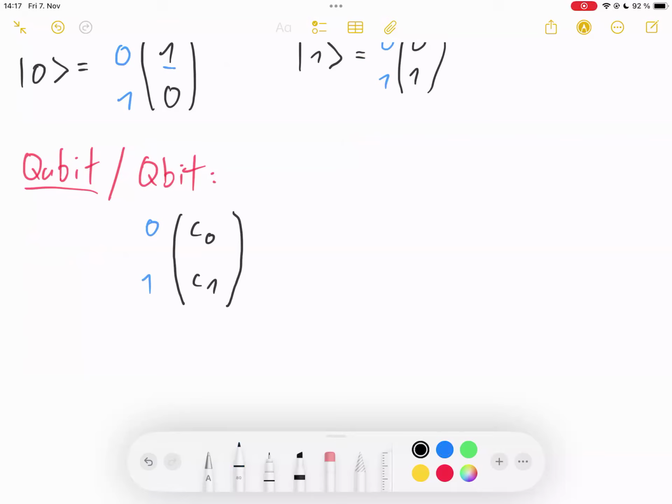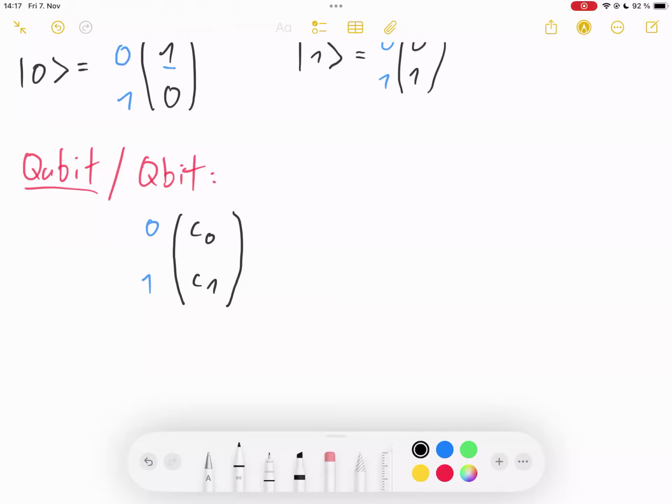And as you remember, last week when we defined states in general, there was also a constraint of how the modulus squared needs to add up. We said the modulus squared of all the entries needs to add up to 1 so that we have a valid quantum state. Last week we saw all of this from a very generic perspective, and this time we just simplify this to 0 and 1.